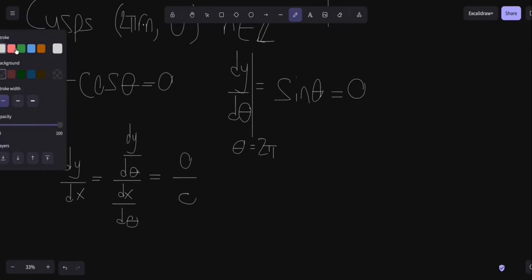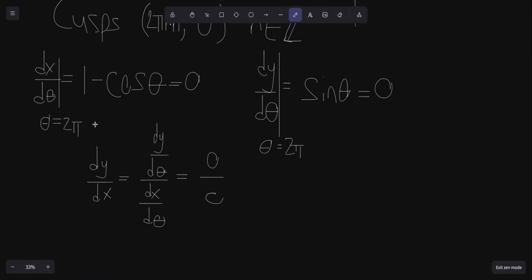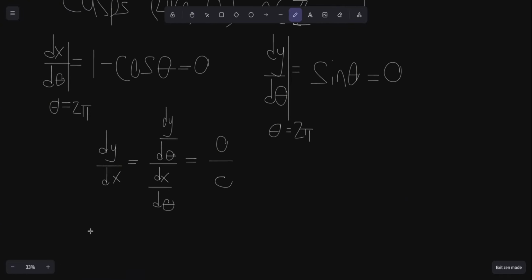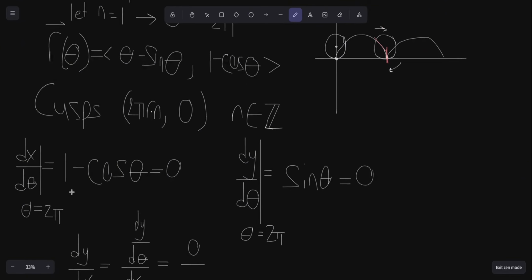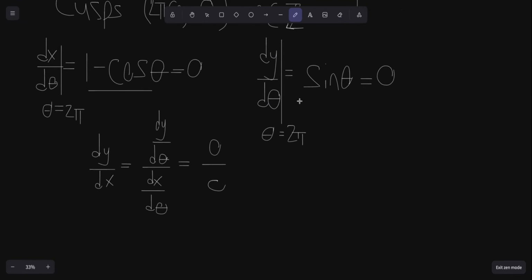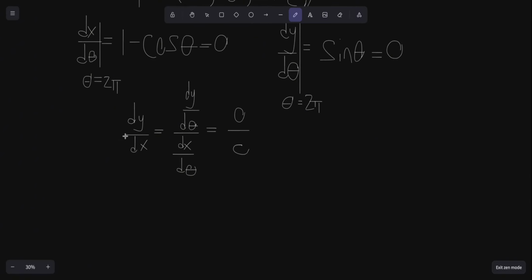In fact, we're done for velocity in this case, but let's actually think about acceleration. So let's differentiate this once again. We have 1 minus cosine of theta and sine of theta. If we differentiate this again, essentially I'm just going to write it as x double prime of theta, our x component differentiated twice is going to be equal to sine of theta.